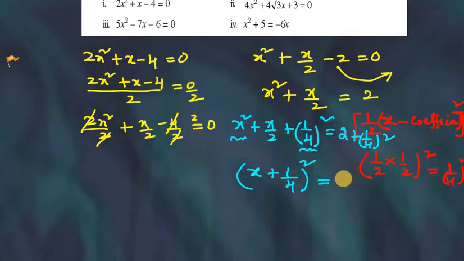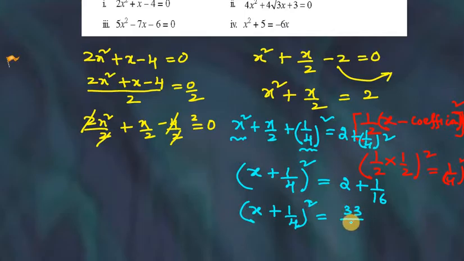That is equal to 2 plus 1 by 16. So x plus 1 by 4 whole square is equal to, simplifying 2 plus 1 by 16: 16 twos are 32, 32 plus 1 is 33 by 16.